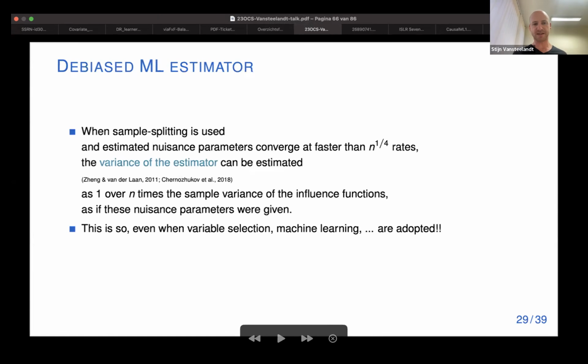And this is very much the strength of these methods, that even if we use complex methods like machine learning or variable selection, we can still obtain valid standard errors, at least if this n to the quarter rate guarantee is attained.